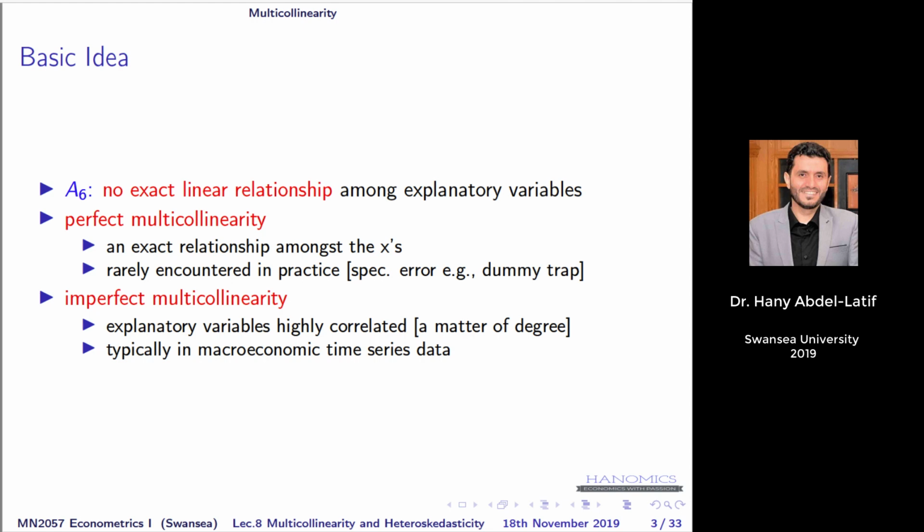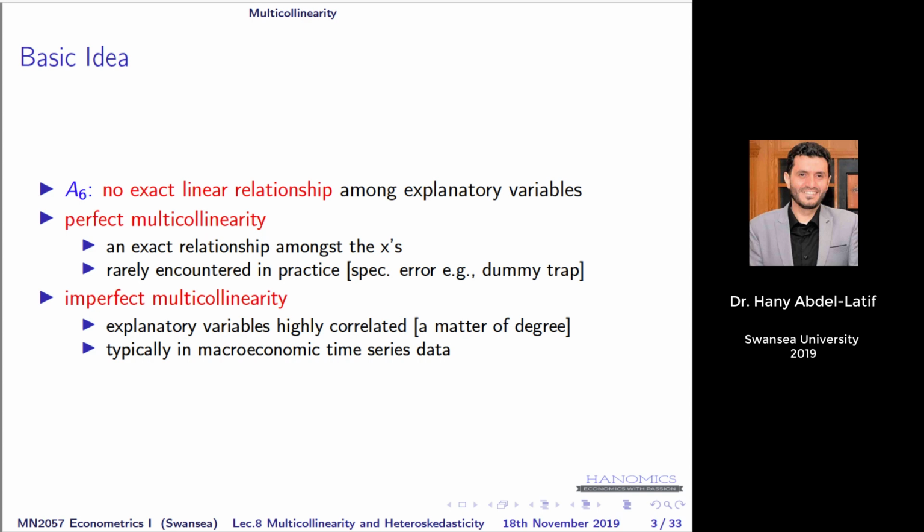This is perfect multicollinearity. So we're not really worried too much about perfect multicollinearity, because we know this is mainly a specification error, and we will receive an error message or a warning message from the software we use. So it's not really a big deal, because it's very easy to find out that you have an error.